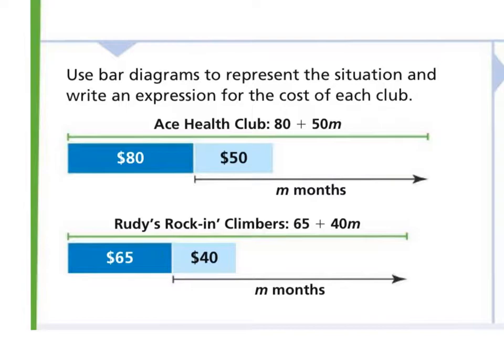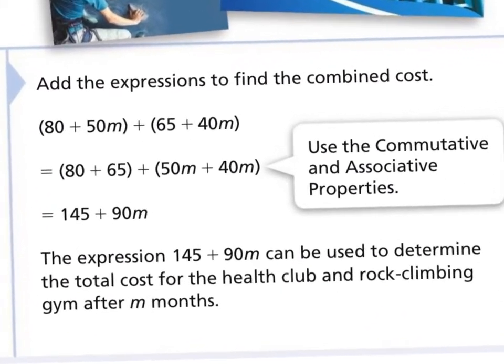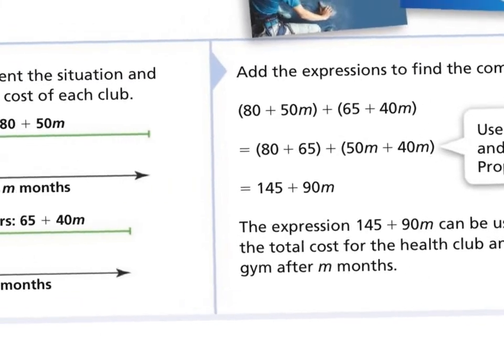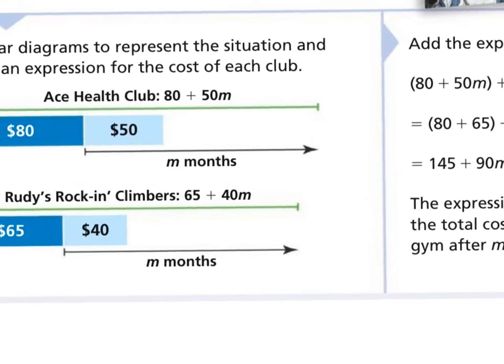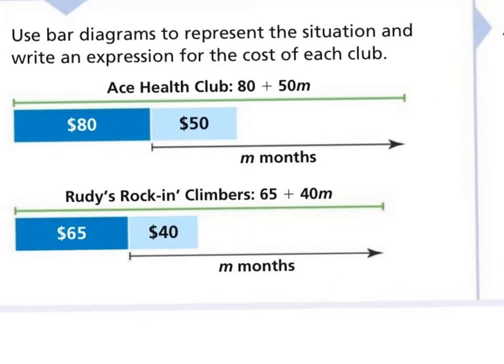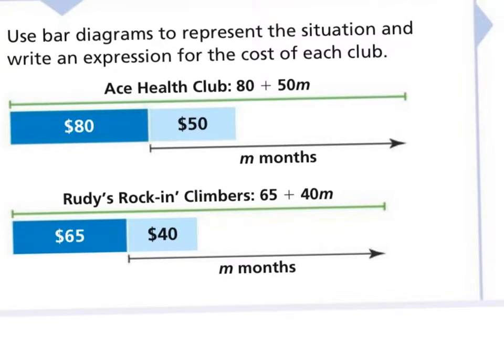So we can write an expression for each of those. For the health club, they came up with 80 plus 50M, so $80 plus $50 a month. The rock climbing was 65 plus 40M, so $65 plus $40 a month.